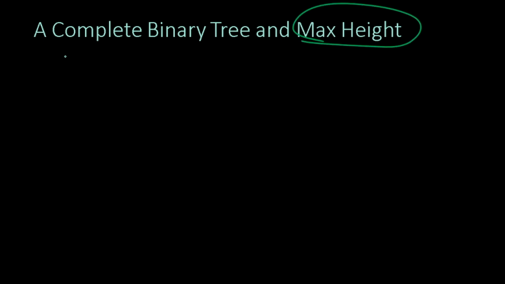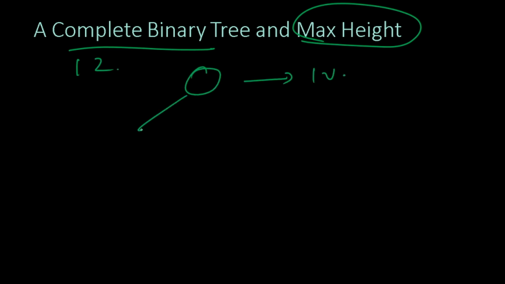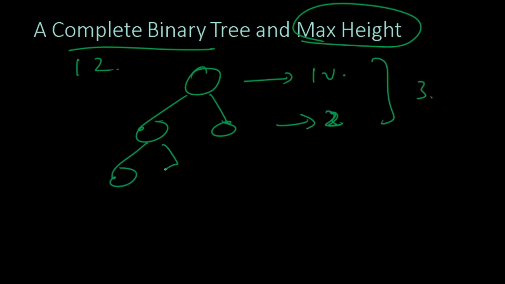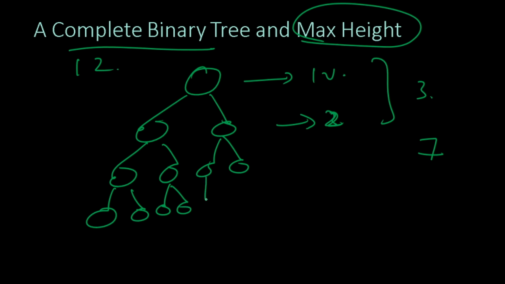So let us try to make a complete binary tree with 12 nodes. So first vertex, total 2 vertices here. So till here we have 3, 7, see we have 12 vertices here, correct? 1, 2, 3, 4, 5, 6, 7, 8, 9, 10, 11, 12.